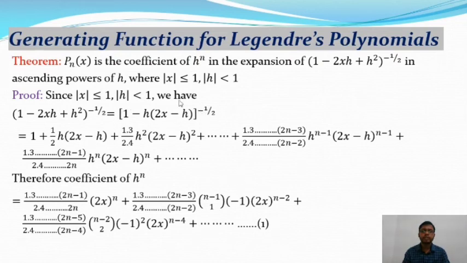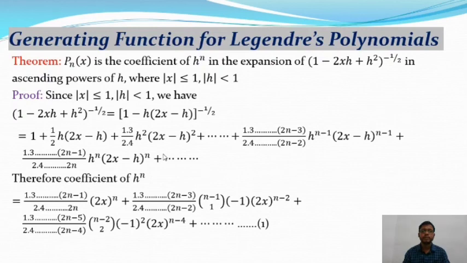Now applying the binomial expansion of this function, we will get 1 plus h by 2 into 2x minus h, this is the second term, plus 1 into 3 by 2 into 4 into h square into 2x minus h whole to the power 2. Up to the nth term, that means 1 into 3 and up to 2n minus 3 by 2 into 4 and up to 2n minus 2 into h to the power n minus 1 into 2x minus h whole to the power n minus 1.